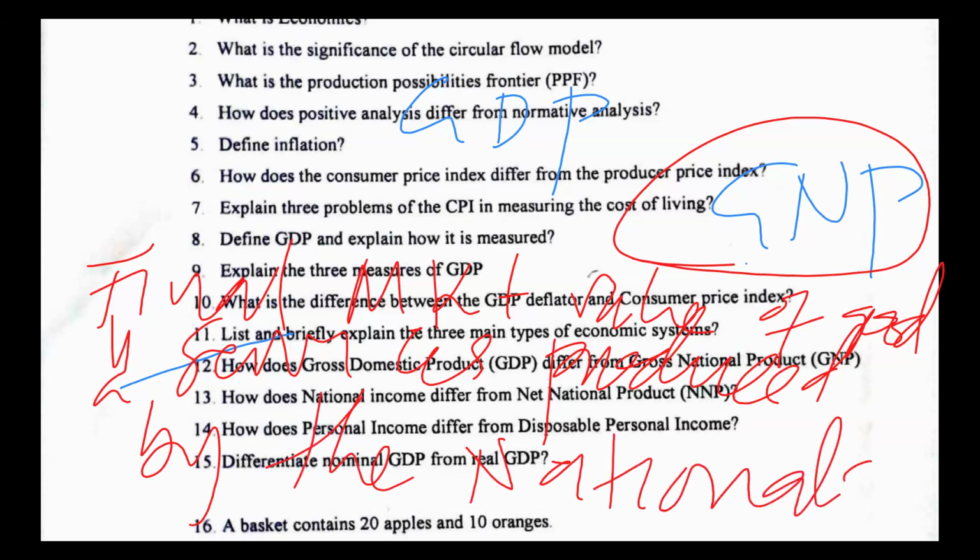By the nationals. So we are interested in the nationals producing. Here we are caring much about who owns the factors of production. This is now regardless of where the production is taking place. We don't care. We are just concerned about who owns the factors of production.